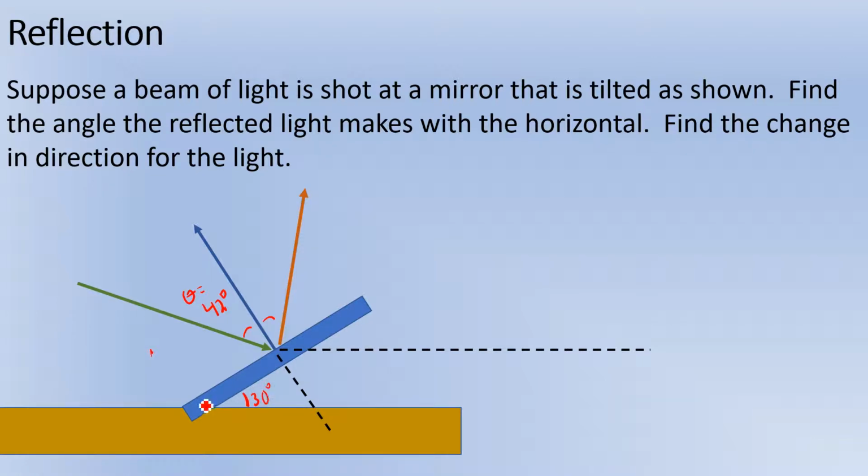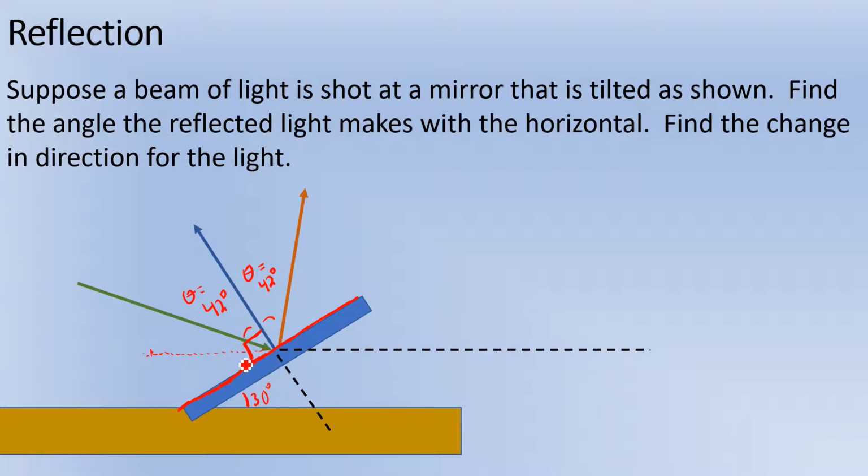Okay, so 30 degrees. So let's see what we can figure out here. So I'm going to make the surface of this very clear. If my angle of incident is 42, well then my angle of reflection is also 42. Now this is 90 degrees, but notice since my light didn't come in parallel, I'm going to have also this little piece right here.